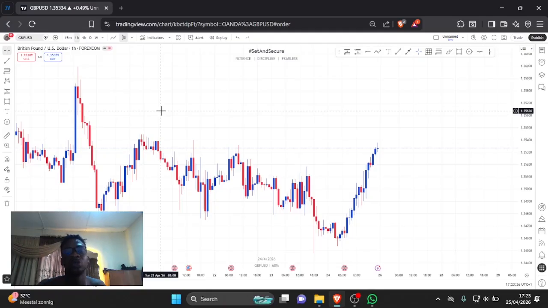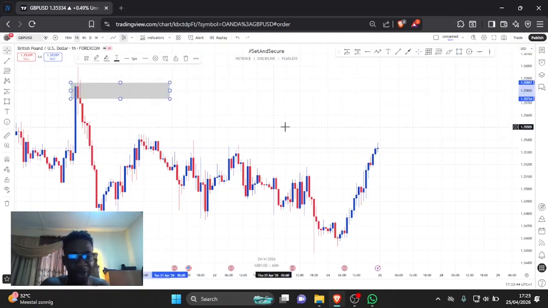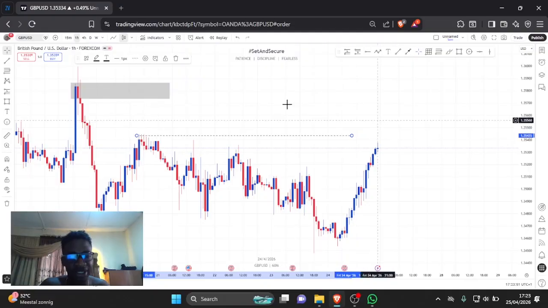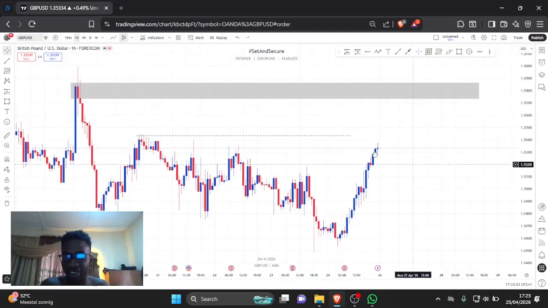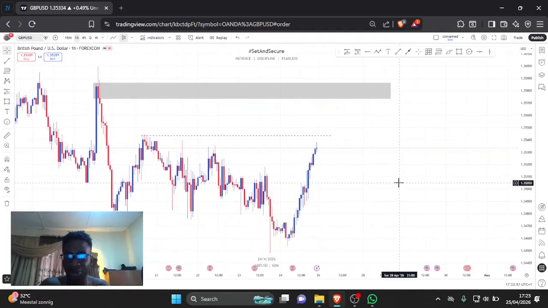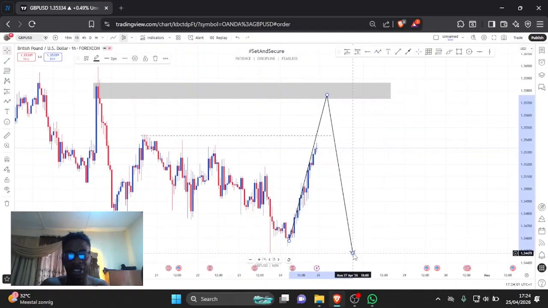For the order block trader, once they see another block they just place a trade, and they map out: okay, this is the liquidity, this is an inducement, this is the mark. That is the way they do that stuff.